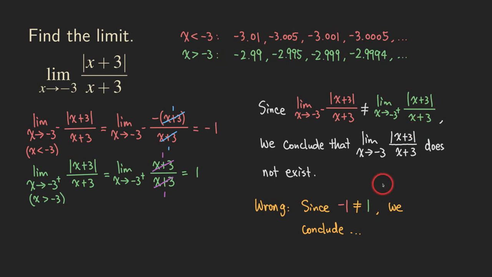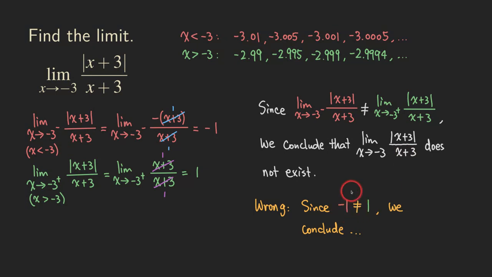We cannot really say this because we know that -1 is not equal to 1. So just because -1 not being equal to 1 does not show that this limit does not exist. We have to claim that this left side limit is not equal to the right side limit. That's why this two-sided limit of the same function does not exist.